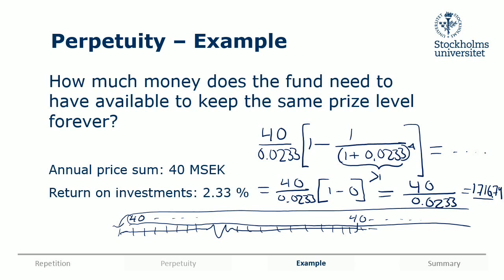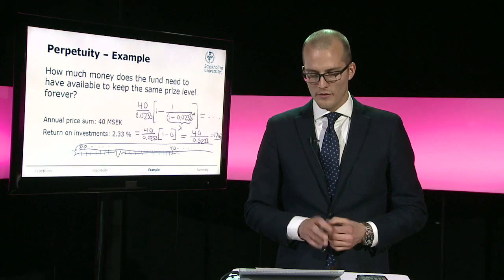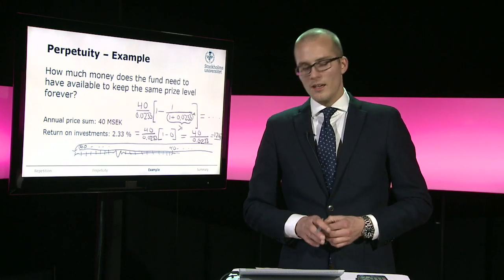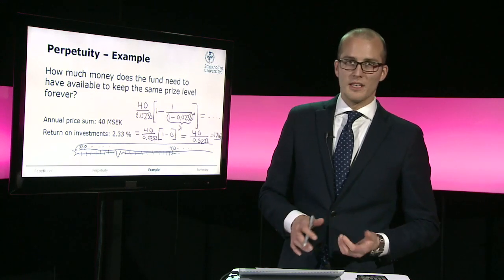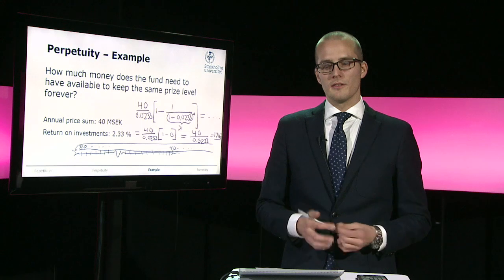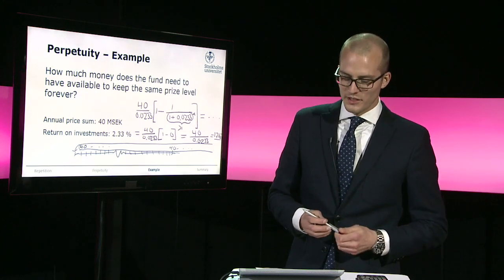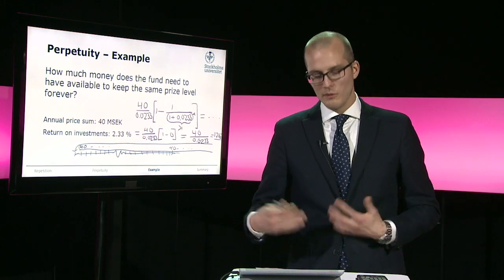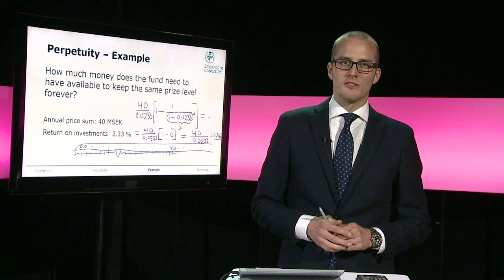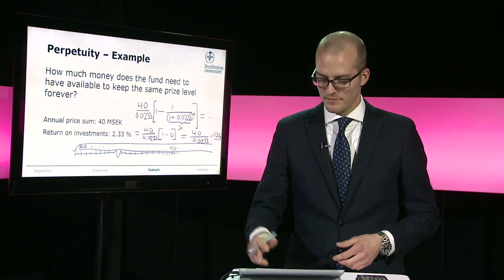So in order to give out 40 million each year for infinity, the fund needs to have a bit over 1.7 billion Swedish kronor on the account today. Because if we have that and get a 2.33% interest rate on our investment, we will be able to hand out 40 million Swedish kronor every year for infinity.